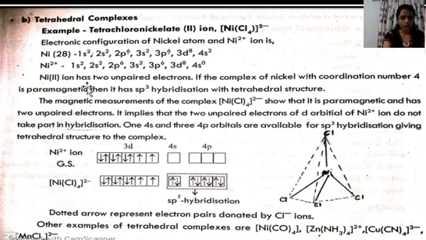So let's look at this electronic configuration here. In ground state, we are having 8 electrons now, 3d8 electrons. So always fill one electron in each orbital first and then start pairing, like one electron here, here, here.